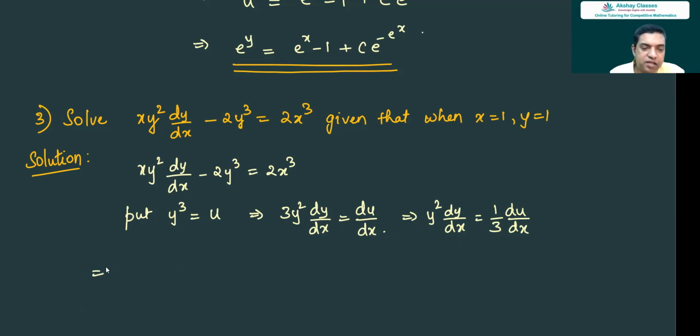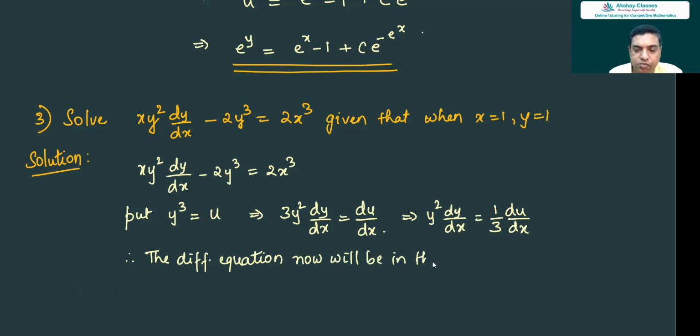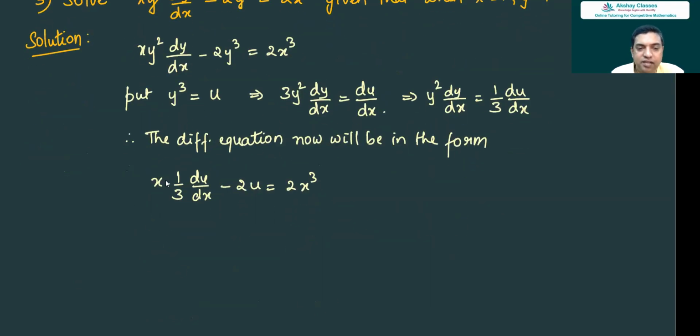So, therefore, the differential equation becomes x times 1 by 3 du by dx minus 2u is equal to 2x cube. So multiply by 3 by x throughout.